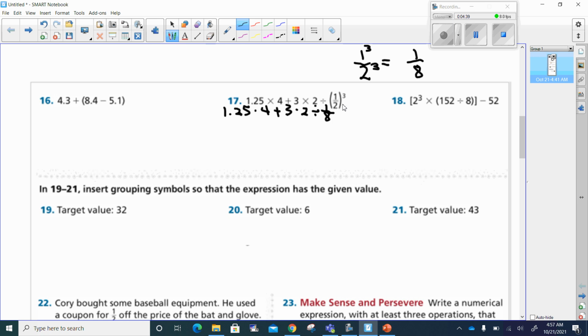All right, remember we have to do our multiplication and division first. So let's see, working left to right, what we got. We've got 1.25 times 4, and that's going to give us 5. We're going to be adding this later to 3 times 2, which is 6, divided by 1/8.